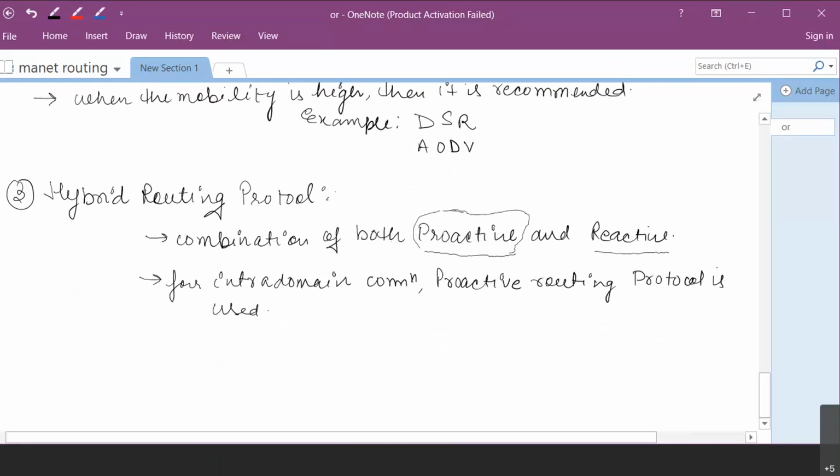And when we talk about the inter-domain network, reactive routing protocol is used.